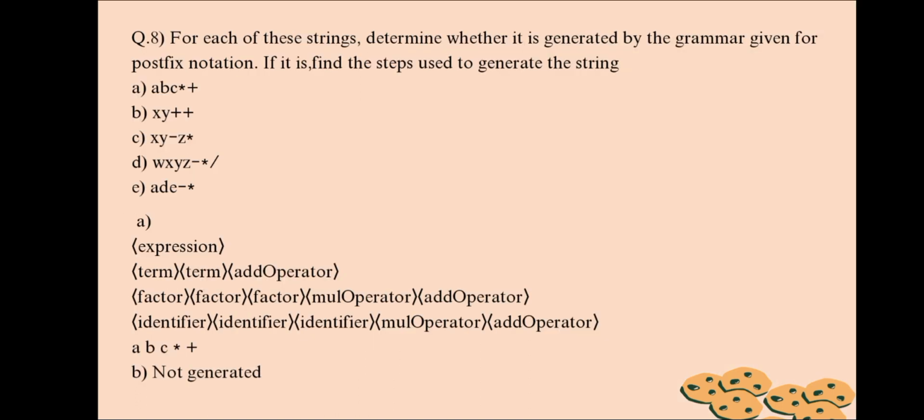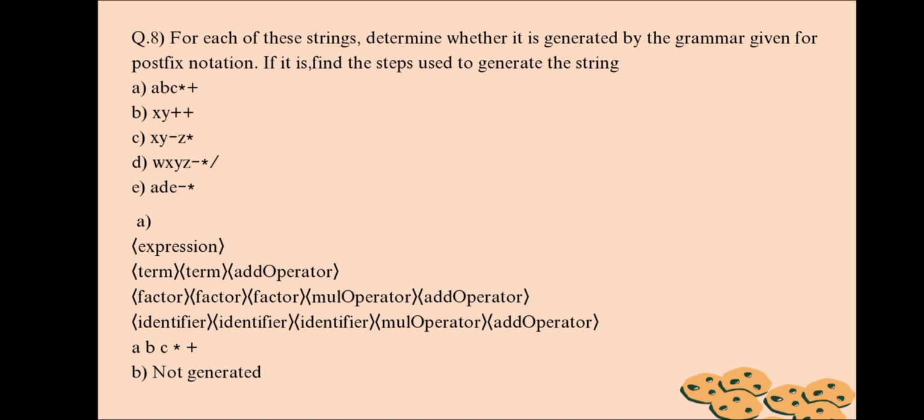In this question we have to determine, for each of these strings, whether it is generated by the grammar given for postfix notation. If it is, find the steps used to generate the string. First we have A B C, asterisk and plus.